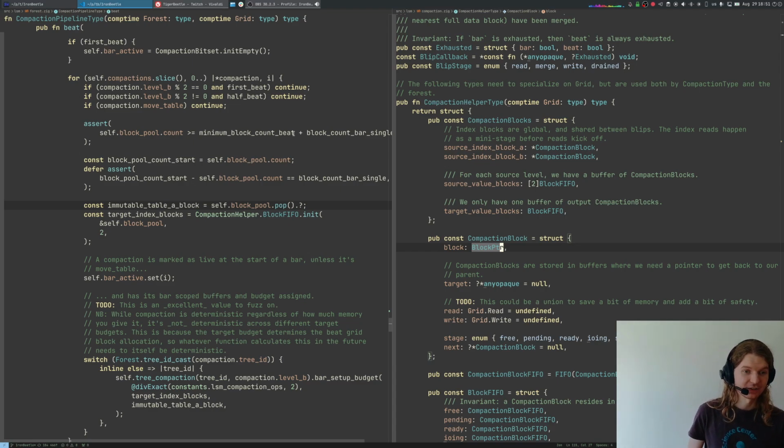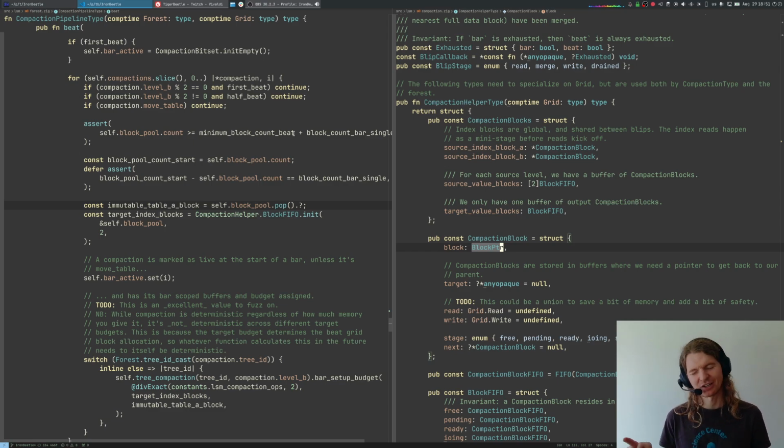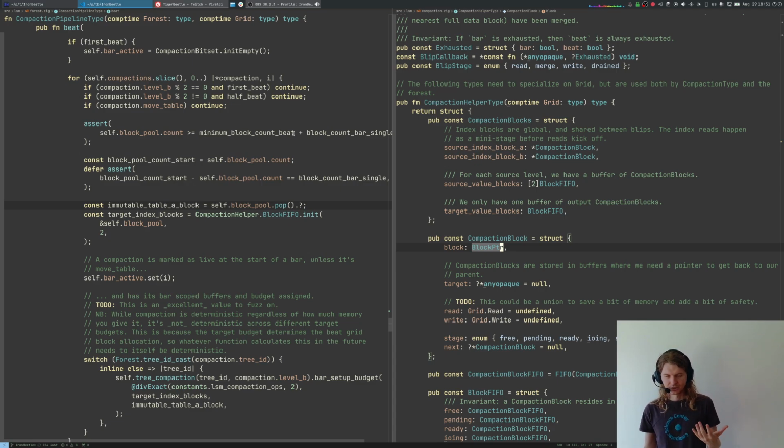Okay, yeah. Now I think it's becoming clearer to me. So compaction needs to read blocks and write blocks, and that means that it needs to transfer data from disk to memory, and this block FIFO is a pool of blocks for input output.